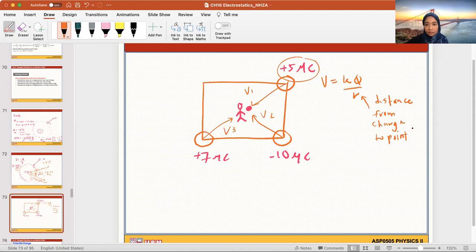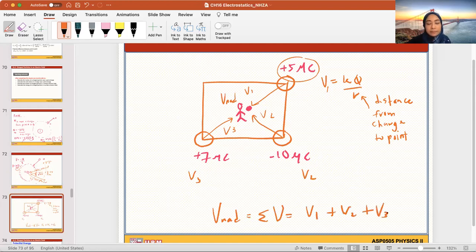Okay. So now that I know what is V1, V2, and V3, I can know what is V net, which is what I'm feeling. So V net is equal to the net V's that I am feeling, which is just adding V1, V2, V3 together.